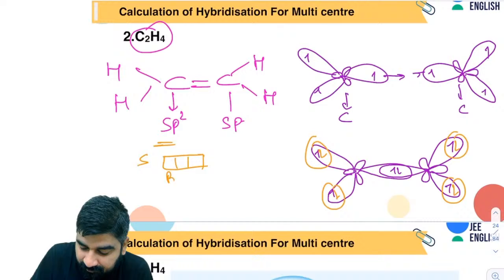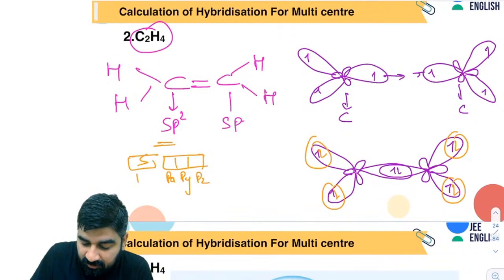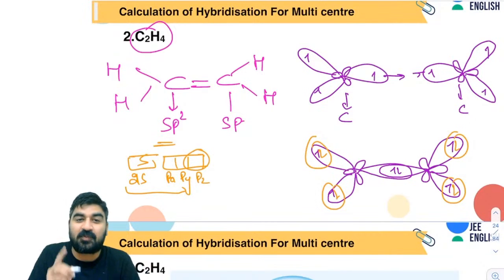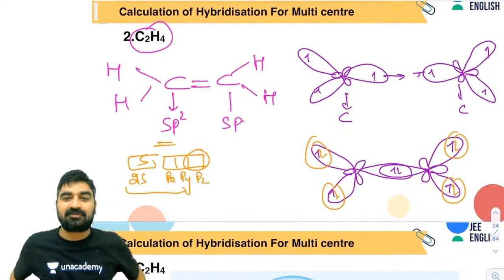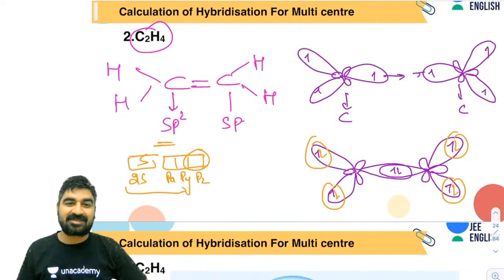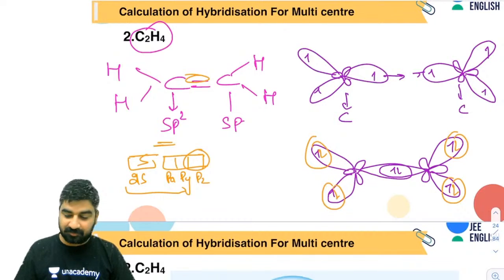But in carbon we have 1s and px, py, pz. So this 2s is mixing with the 2p, and there is one p orbital which is unhybridized, and that will make the pi bond, guys, right?